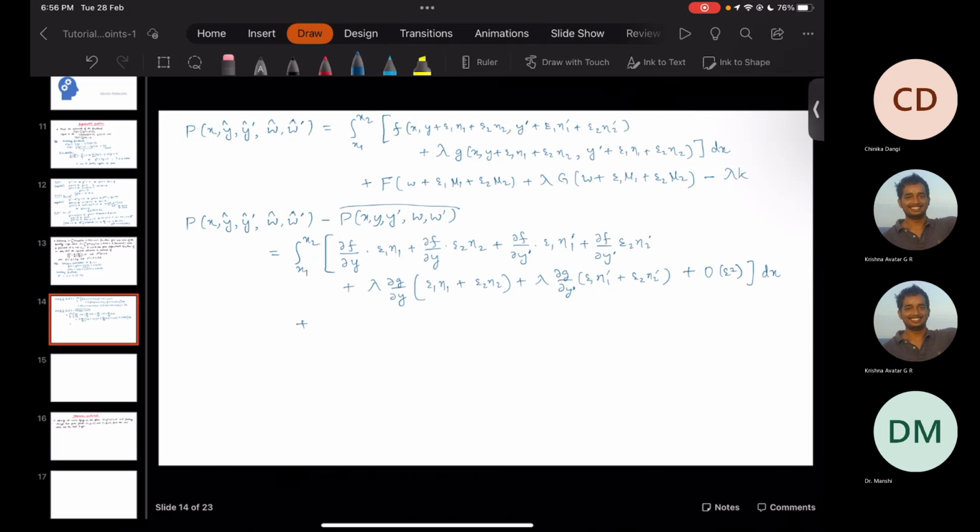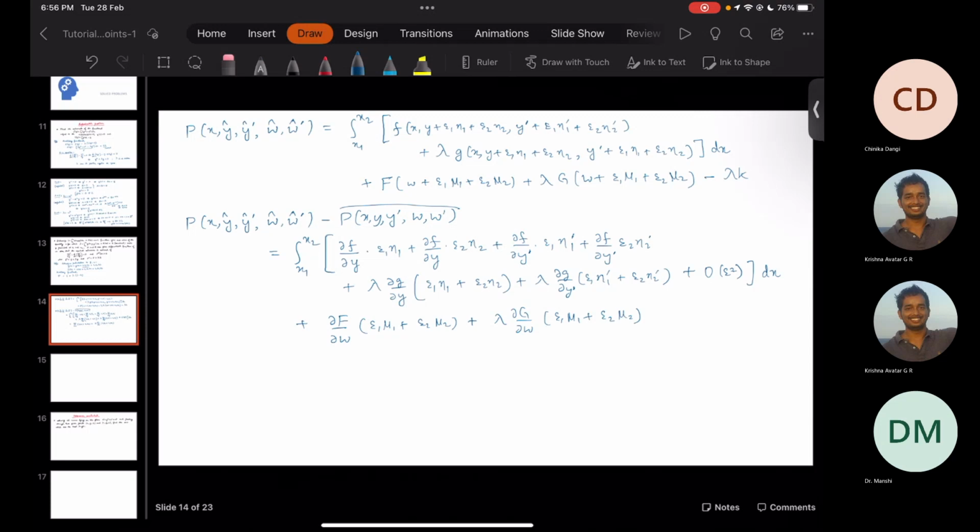So likewise we expand even this term, so we'll have dou f by dou w into epsilon 1 mu 1 plus epsilon 2 mu 2 plus lambda dou g by dou w into epsilon 1 mu 1 plus epsilon 2 mu 2.